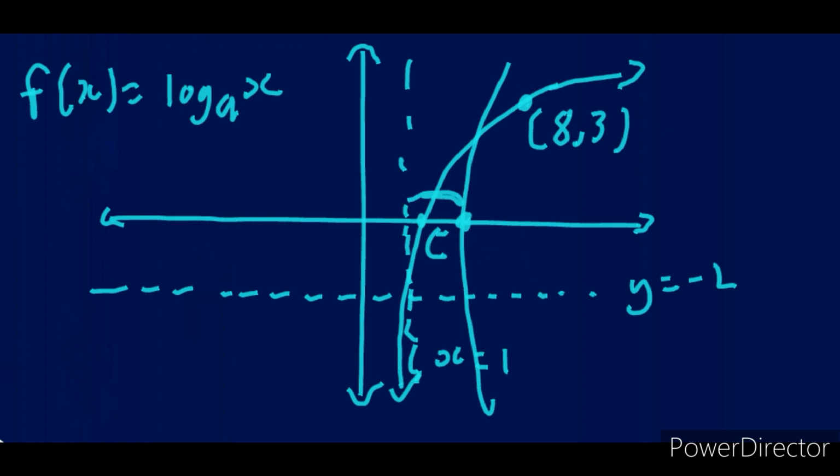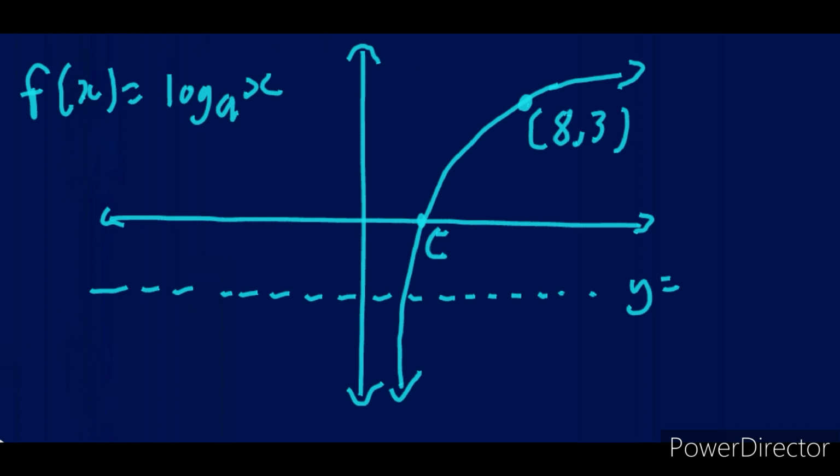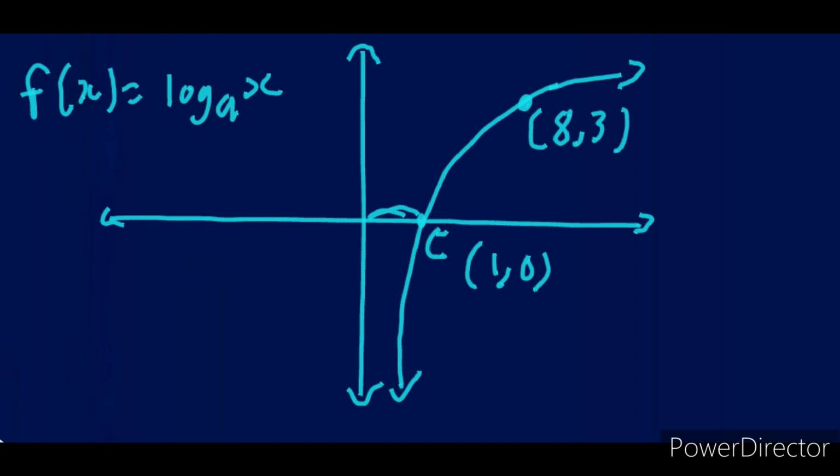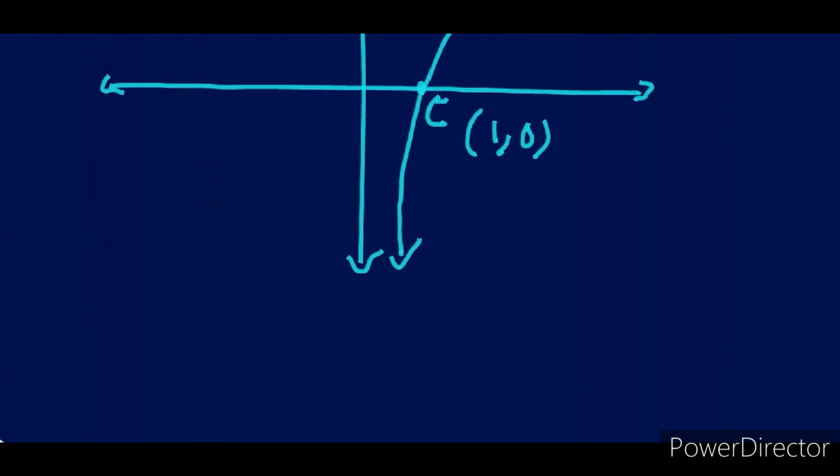So it's going to be at 2, so it's (2; 0). When they say write down the coordinate, it means there's no need for calculation. So the coordinate of C is simply (1; 0) when the asymptote is at 0, because it's 1 point ahead of the asymptote. So that's how it is.